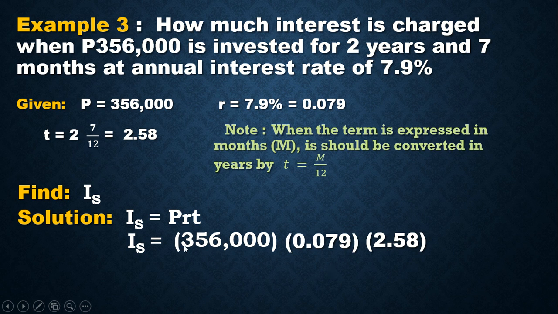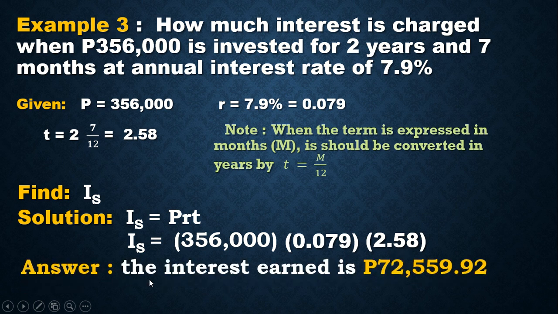Next step, i-multiply po natin itong tatlo. The principal times the rate times the time. And we have the simple interest, that is 72,559.92. Again, papaano nakuha itong simple interest? Minultiply po itong 356,000 times 0.079 times 2.58.